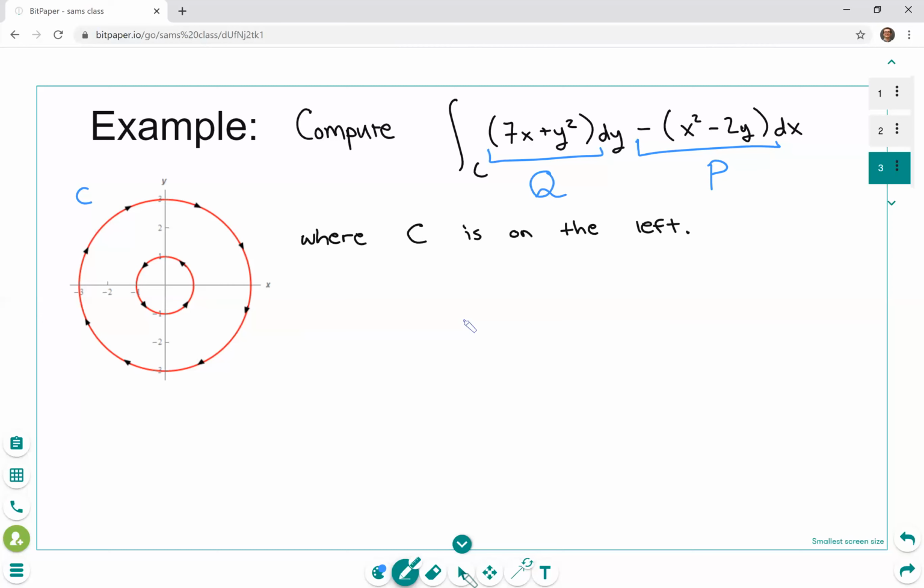There are some different regions you can maybe think of this curve enclosing. So the correct one in this case is the donut, right? What's inside here. And this circle in the middle is actually going to make a hole in the region.